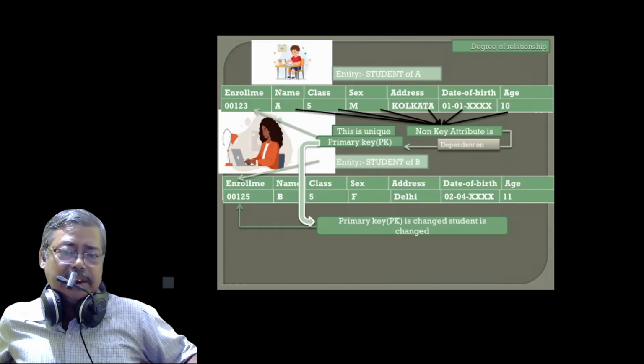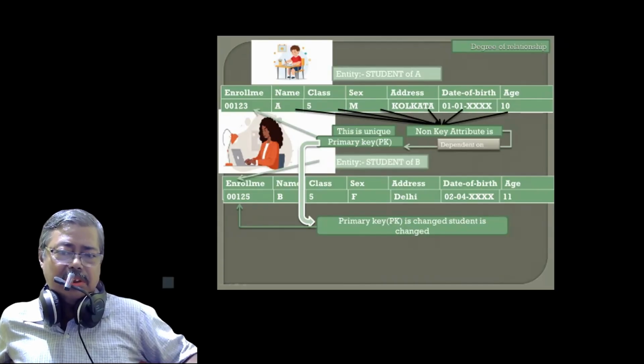Enrollment number is here the primary key. The other non-key attributes, that is name, class, sex, address, date of birth and age, are also dependent on the primary key. And the primary key is different for each student. So each primary key or enrollment number is a specific, unique primary key for each student.